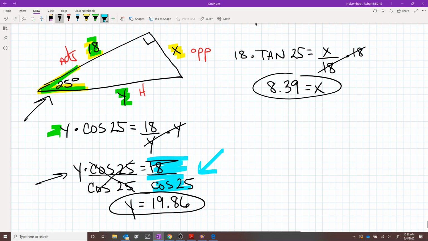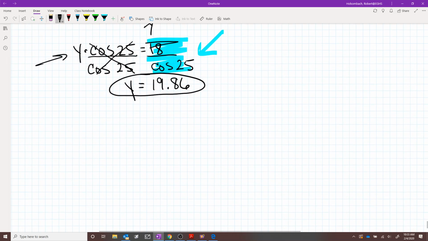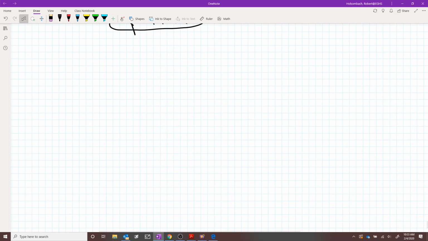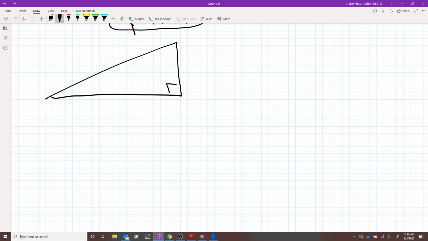So let's try another one. Right triangle. Hypotenuse is x. Inside angle of 70. We've got a side that's 15 and another side that's y.